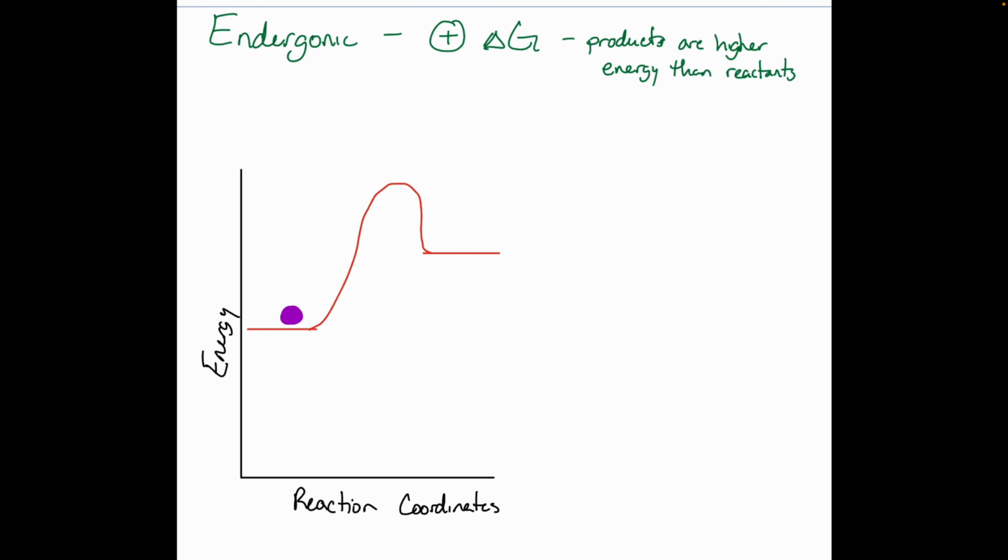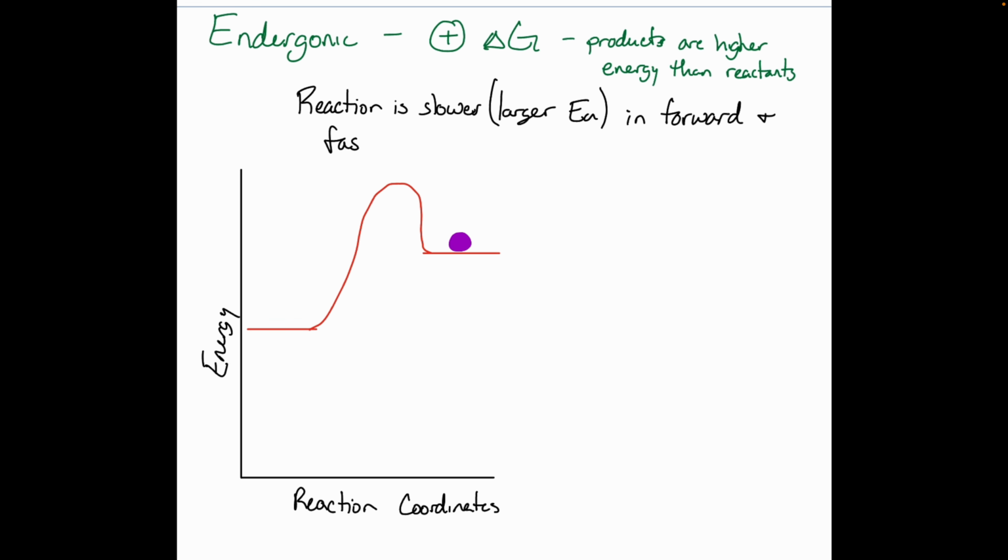All right, so for our endergonic reactions here, your reaction is slower, larger activation energy in the forward and faster in the reverse direction.